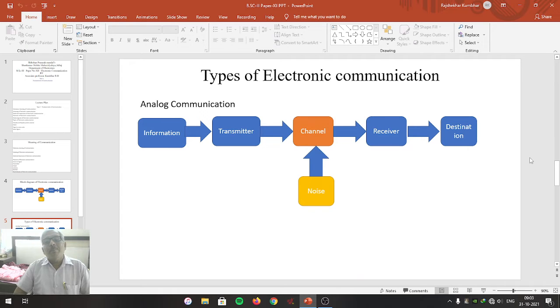Student friends, analog communication means it is the process of electronic communication in which the information is carried in the form of analog signal.